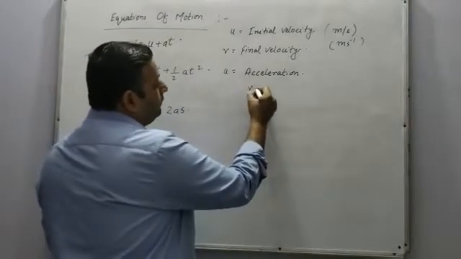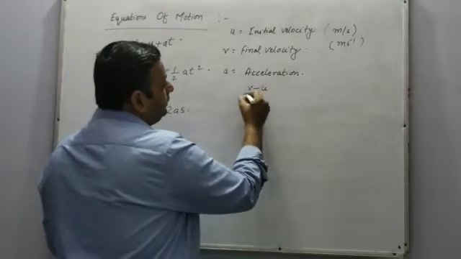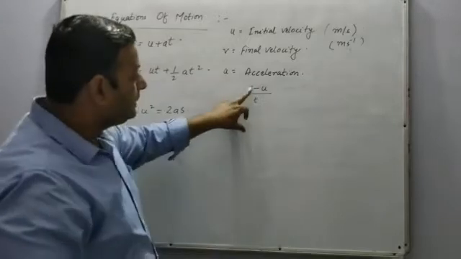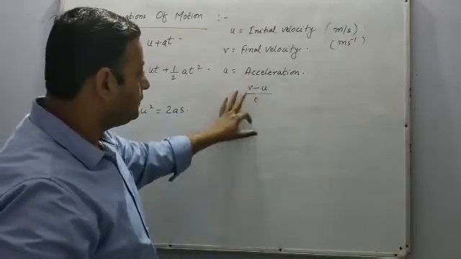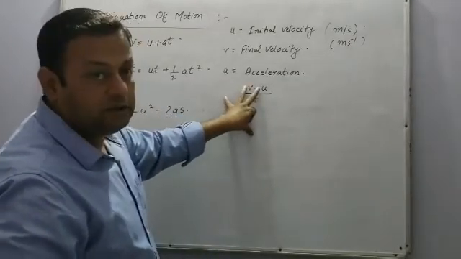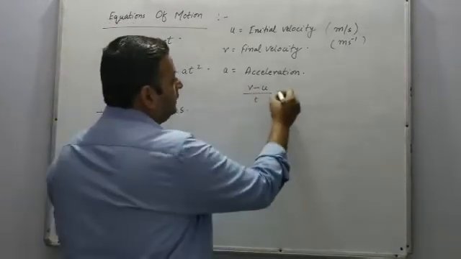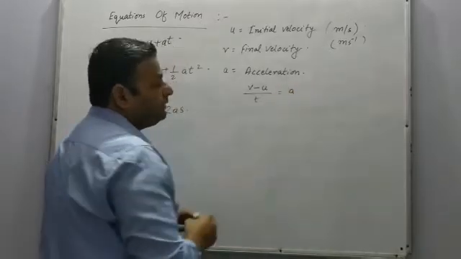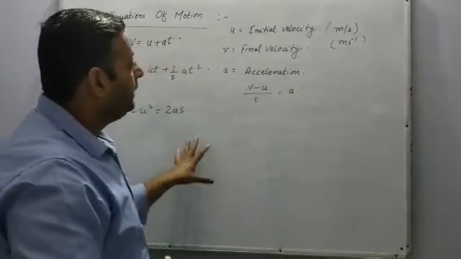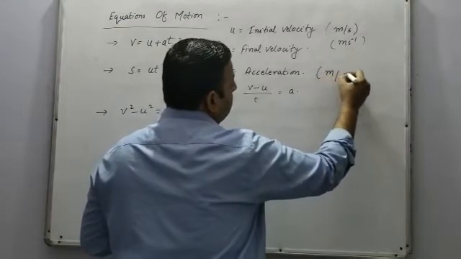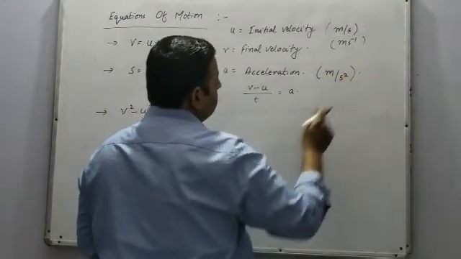So final velocity minus initial velocity with respect to time is called acceleration. And the SI unit of acceleration is meter per second square.